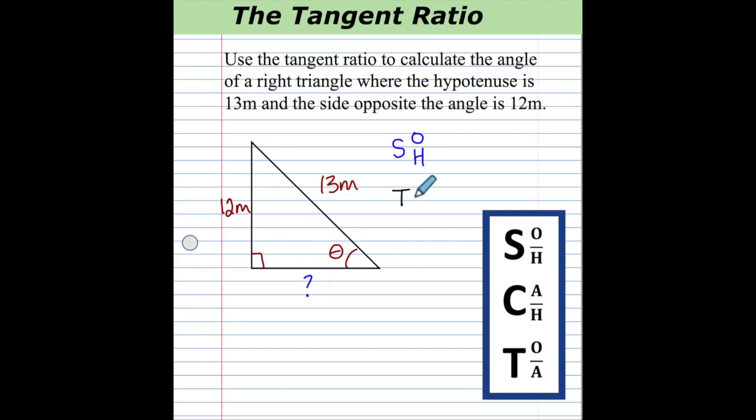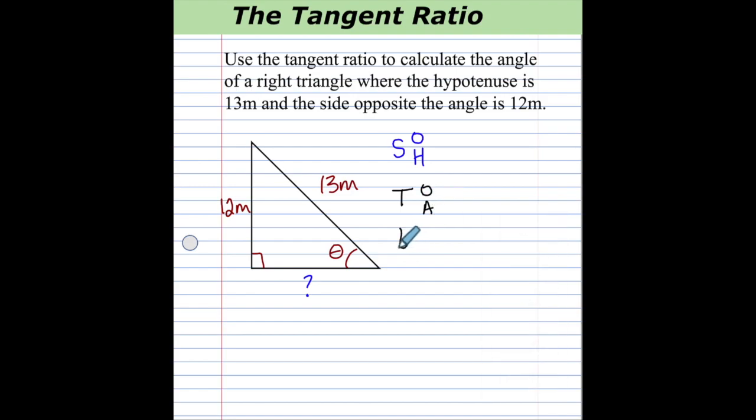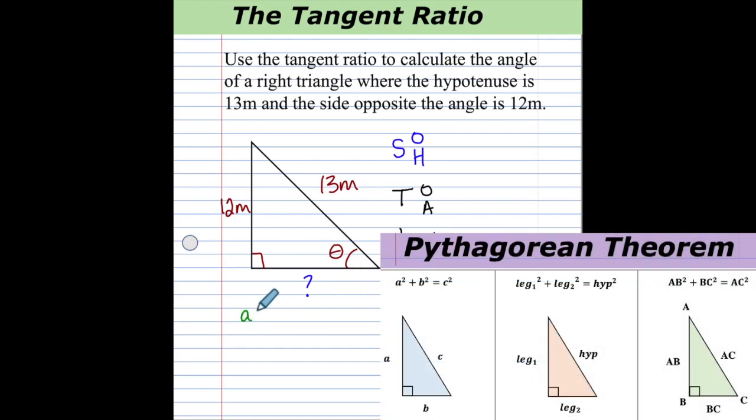The tangent ratio is the opposite over adjacent, or the tangent of the angle is opposite over adjacent. Let's find the adjacent. To get the adjacent, we need the Pythagorean theorem, where the c squared comes from the hypotenuse. The c is the hypotenuse, 13.